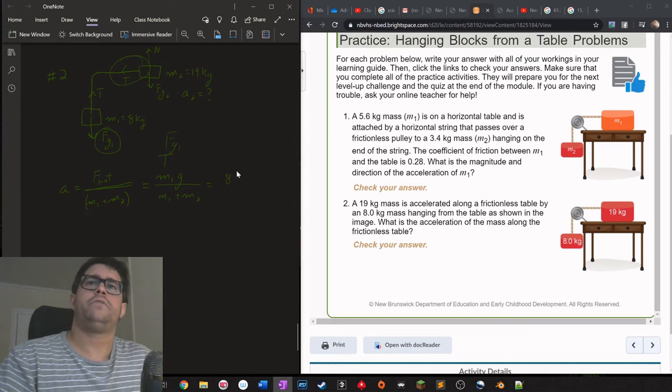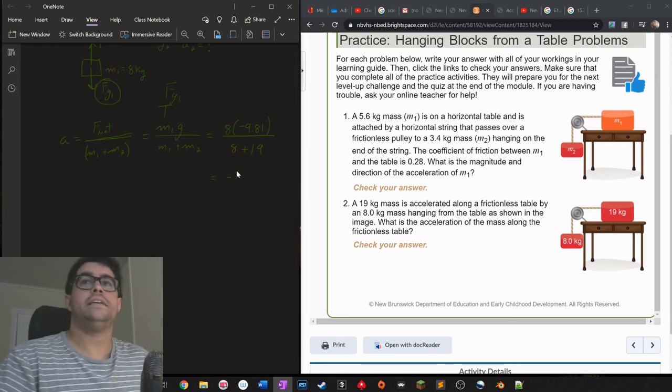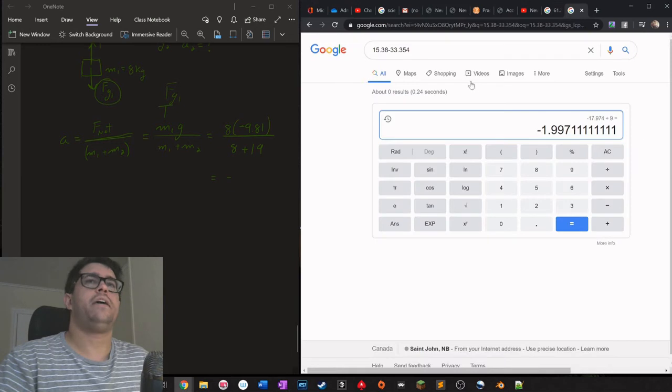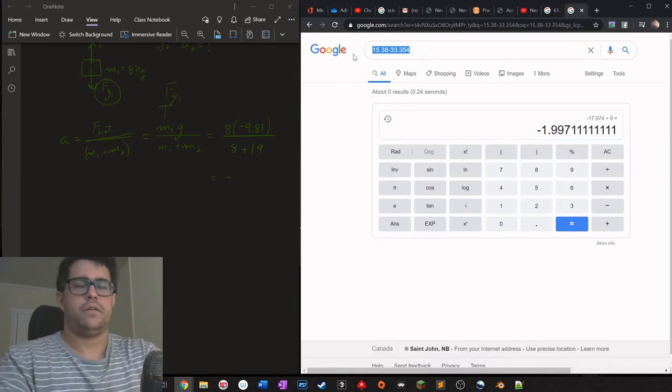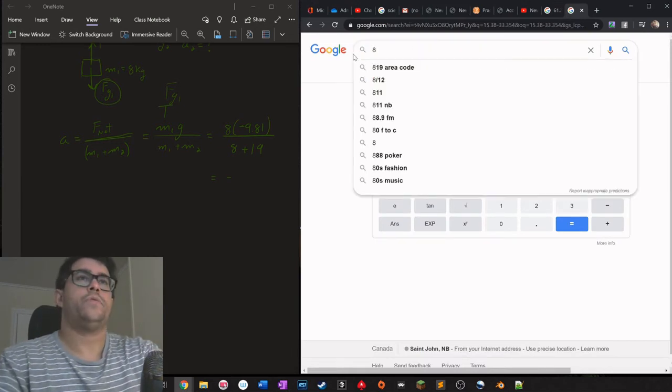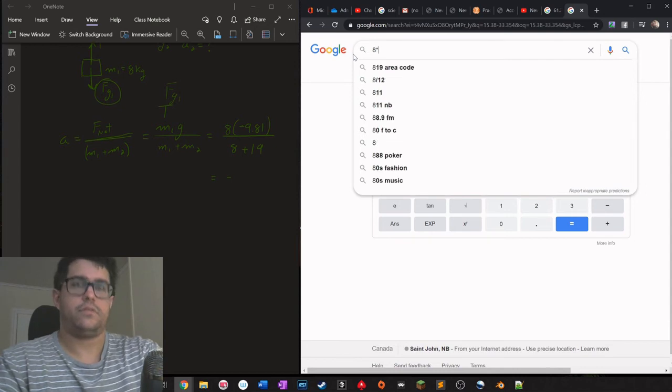So 8 times minus 9.81 over 8 plus 19. It becomes the easiest problem. When you understand it, it becomes the easiest problem.